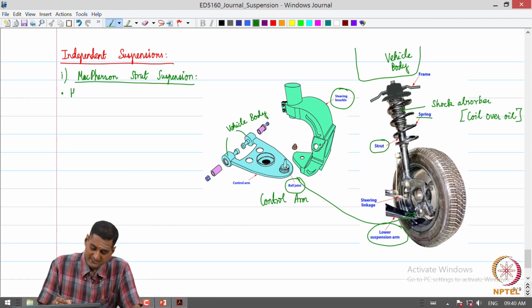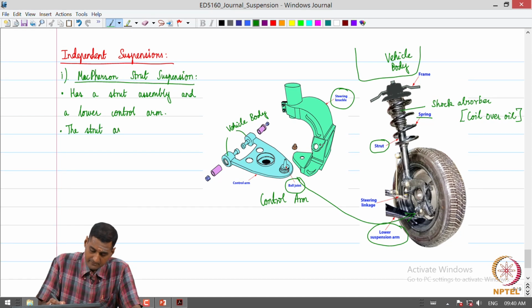So, the McPherson strut has typically a strut assembly and a lower control arm. So, the strut assembly contains the spring and the shock absorber.